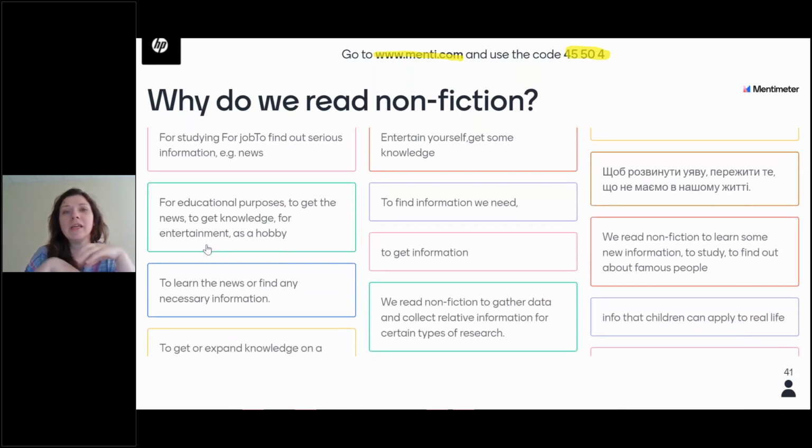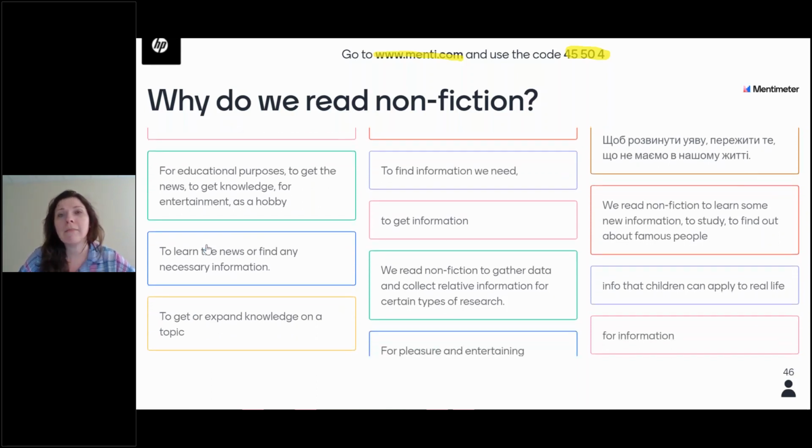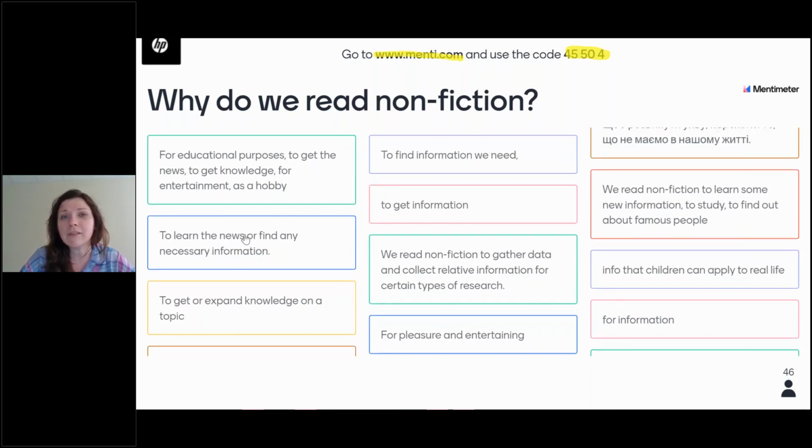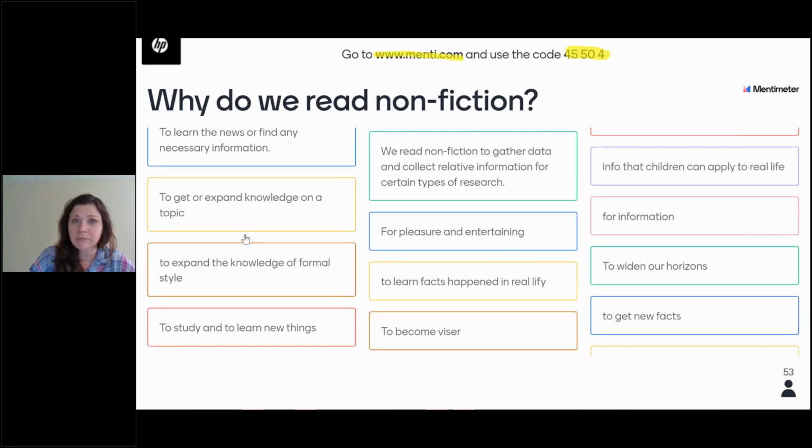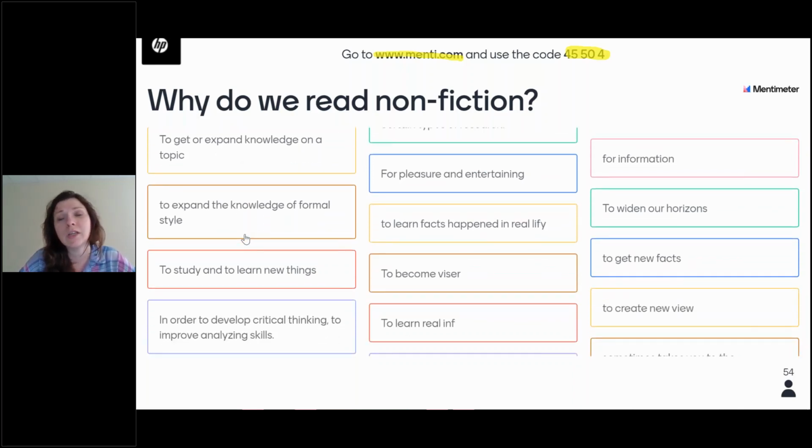Education, right? So there are lots of applications of this, and actually, I don't know how about you, but in my life, I realized that I mostly read nonfiction just because I need to be updated on what is happening around in the world, what is happening in the world of teaching. Sometimes I'm interested in the news about different celebrities, and also I'd like to find out some really interesting information about the real world.